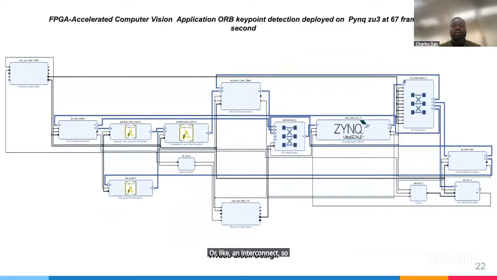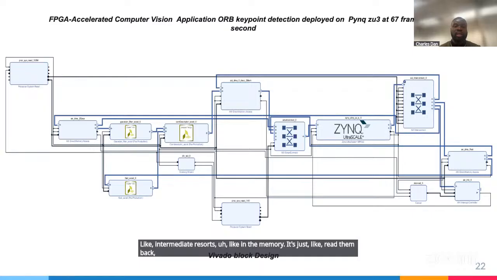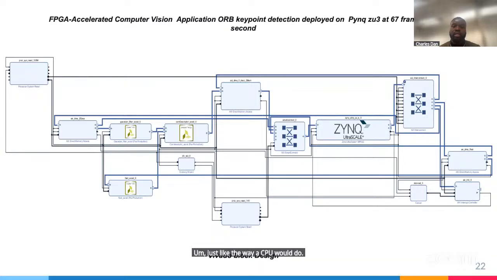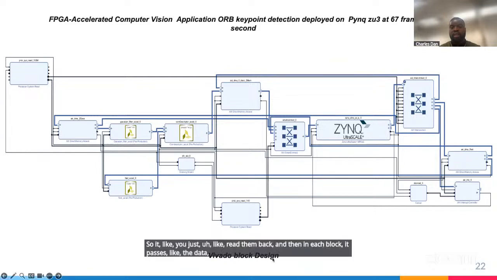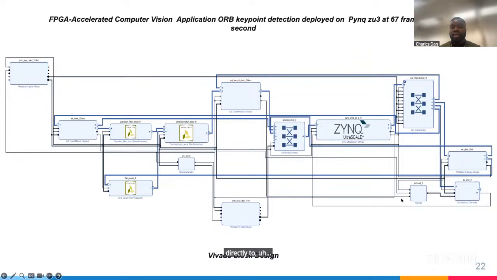So instead of storing those intermediate results in a memory, it just reads them back, and in each block it passes the data directly to the next stream. If you look through it, each of them has its own DMA as well, which we'll talk about.